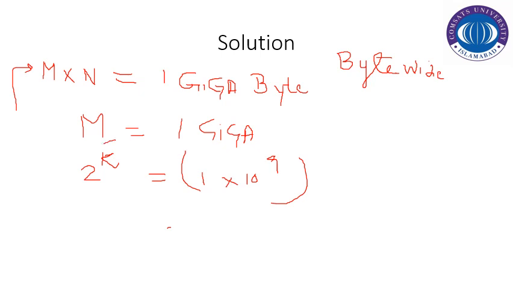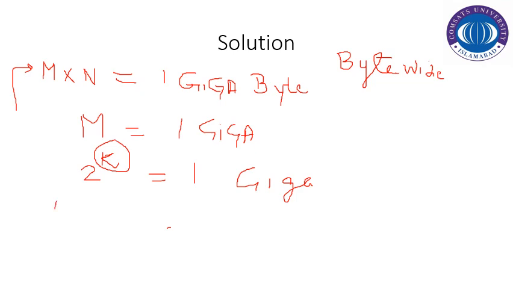We have to find k here. So if we take log on both sides, or, if you're confused with this term, I'm representing it as 1 giga, so apply log on both sides.